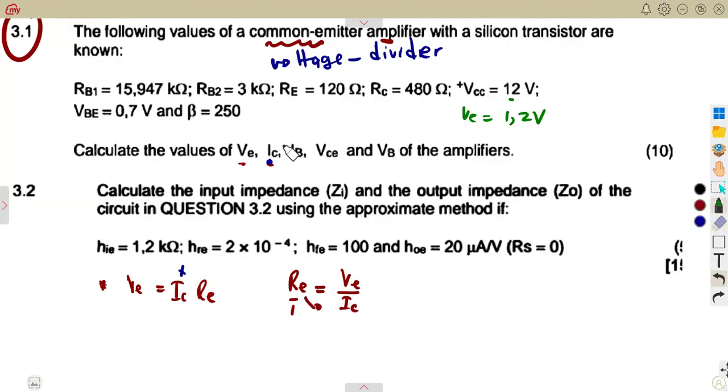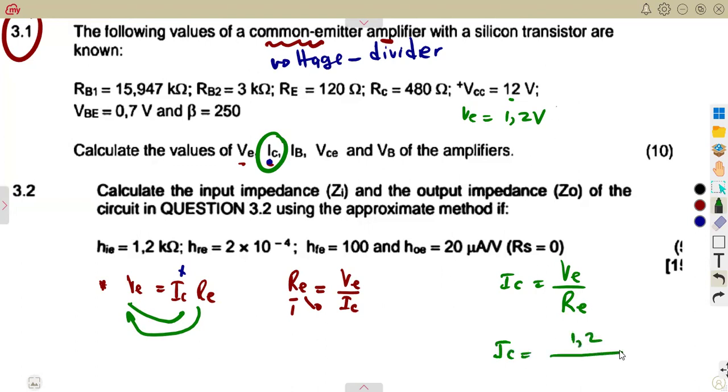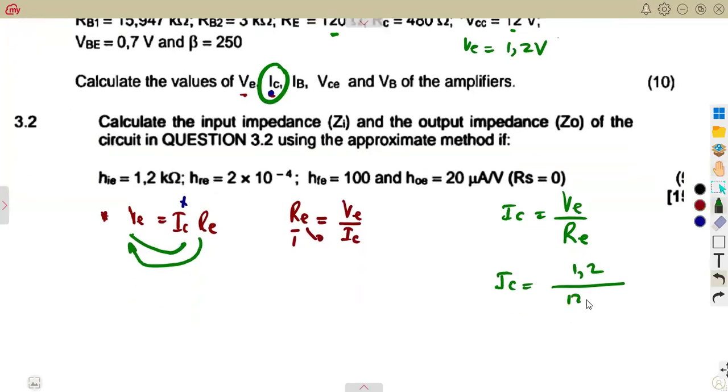Then IC. From this one, now we can calculate IC there. You can just manipulate it: IC will be equal to VE over RE, so you divide there. We calculated VE as 1,2, over RE. Are we having the value of RE? That is 120 ohms, so we are given this.